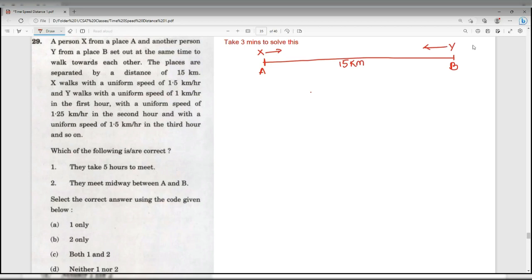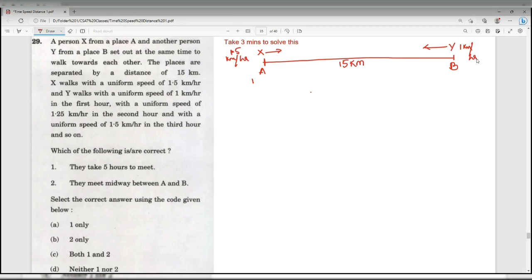And what they're saying is X walks with a uniform speed of 1.5 kilometers per hour. This is 1.5 kilometer per hour. And Y is moving at 1 kilometer per hour. And then what they're saying is after first hour, his speed increases. So it becomes 1.25, and after the second hour, the third hour is 1.5.